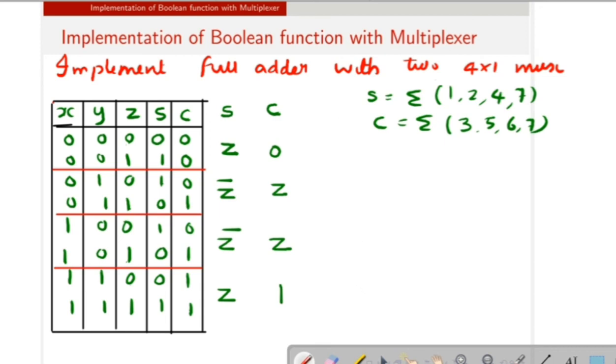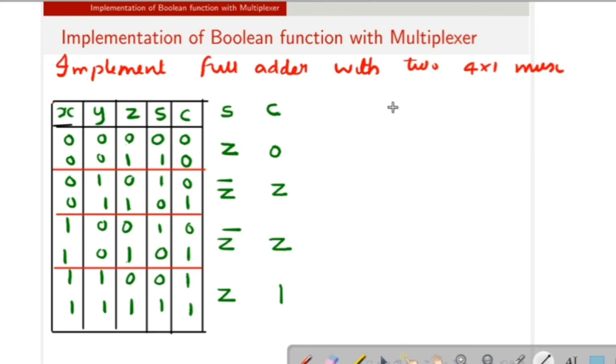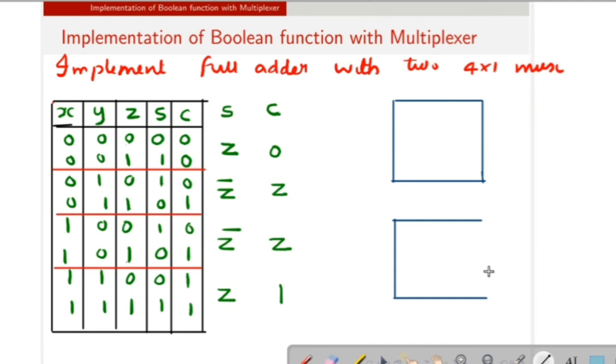Okay, so we can draw the circuit. Here we have two 4x1 multiplexers because we have two outputs, sum and carry. For a 4x1 multiplexer we have only one output, so here we use two 4x1 multiplexers. So this is the first 4x1 mux and second 4x1 mux.